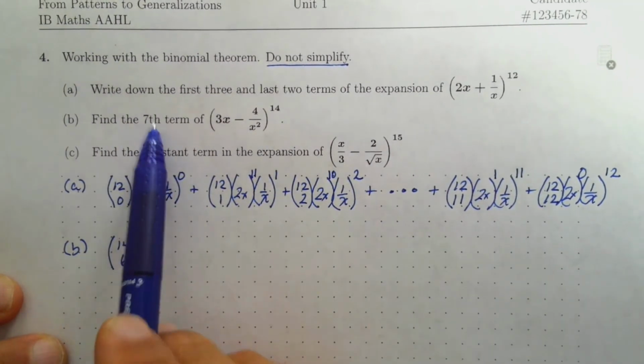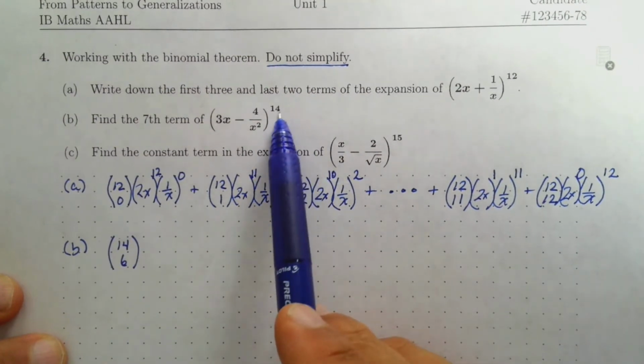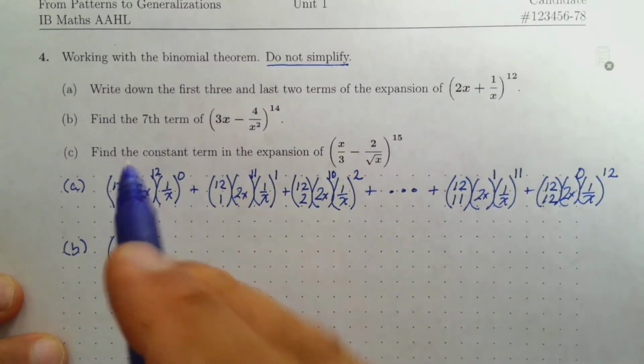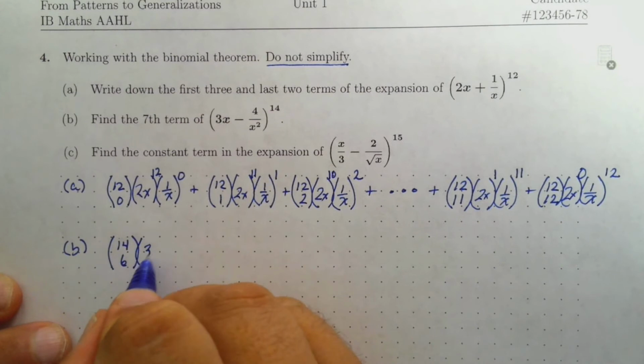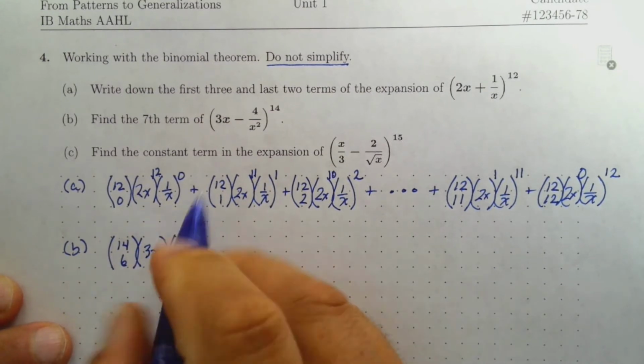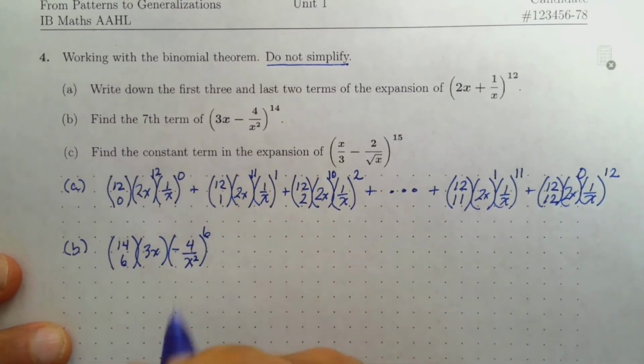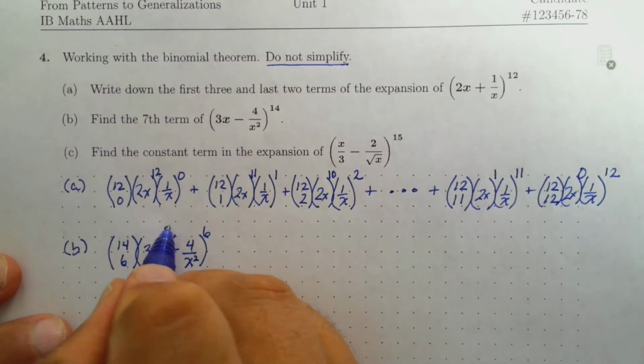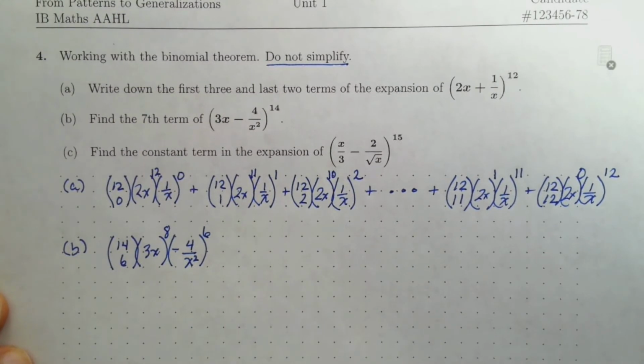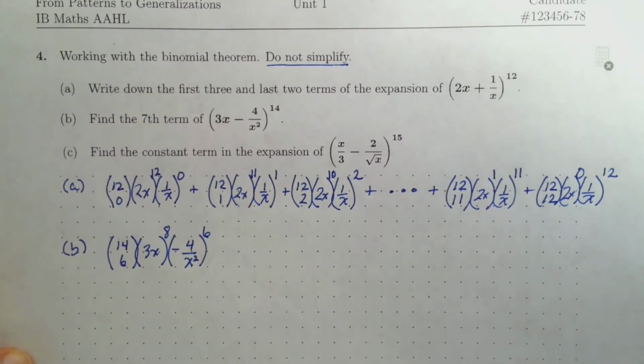So if I want the 7th term, 14 choose 6. Then I'm going to have 3x, and negative 4 over x squared, and the negative 4 over x squared is going to be to the 6th power, and the 3x is going to be to the 8th power.